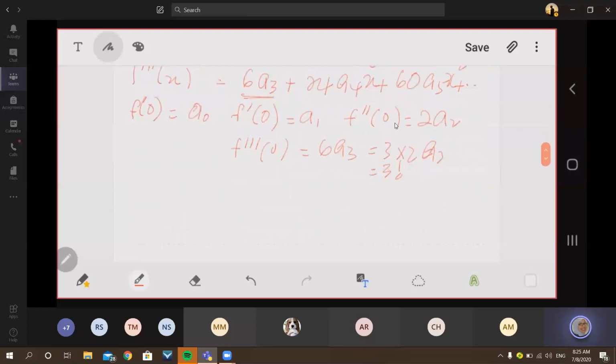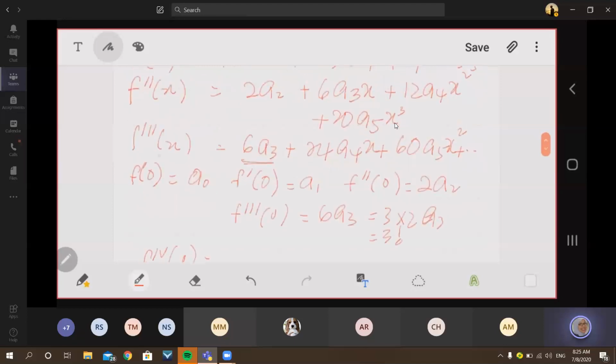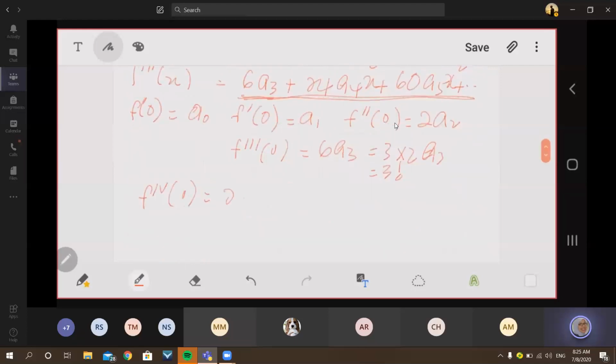And if we take f 4 times of 0, we differentiate the triple prime another time and get only 24a4, and this is equal to 4 factorial times a4.